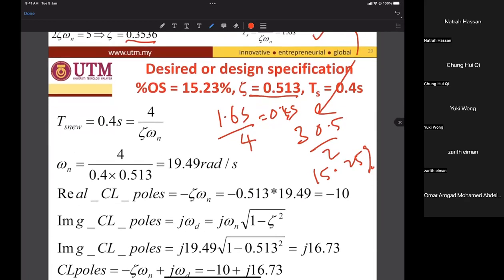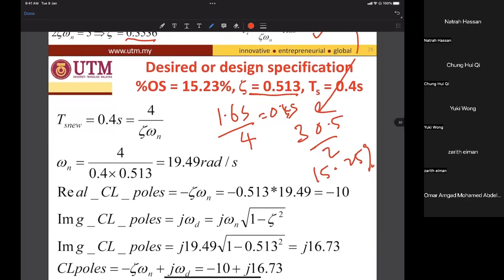So that's why we have to calculate the new omega n using this formula: TS equal to 4 divided by zeta omega n equal to 0.4 seconds. So the new omega n is 19.4 radian per second. Then calculate the new dominant pole, the real part, which is -10.